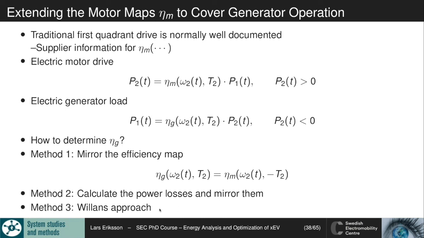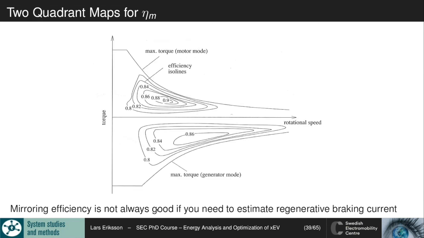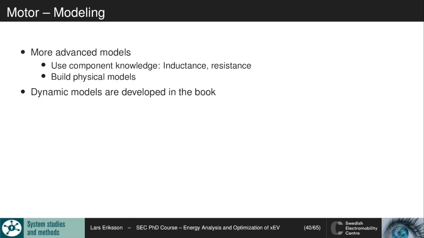Or we use a Willans approach with the loss line that we use to extrapolate over to the negative side. Mirroring the efficiency might not be perfect. In motor modeling, there are more advanced models where you use component knowledge, inductance, resistance, and build physical models. And the dynamic models are developed in the book.